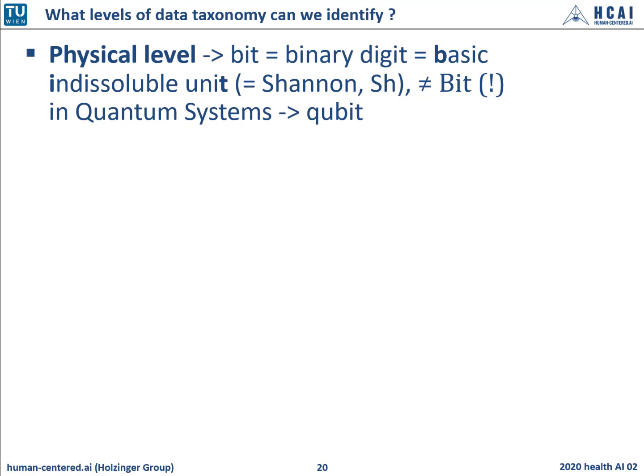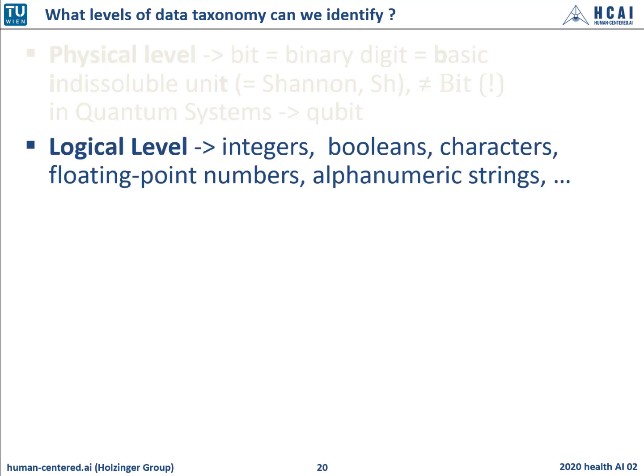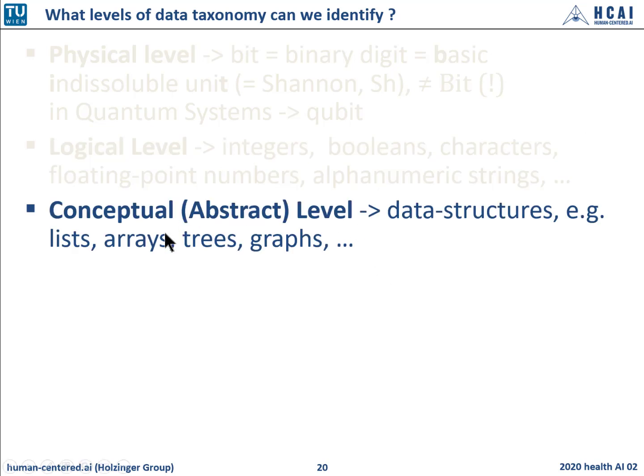Okay, so we continue with our levels of taxonomy. So then is the logical level. So at the logical level, we have primitive data types, including, for example, Boolean, true, false, or numerical, for example, integer, set, for example, floating point numbers, reals, etc. Whereas we don't know what is really a real. Then we have alphanumeric strings, for example, and then we have the conceptual abstract level.